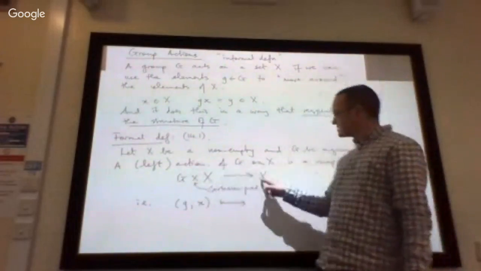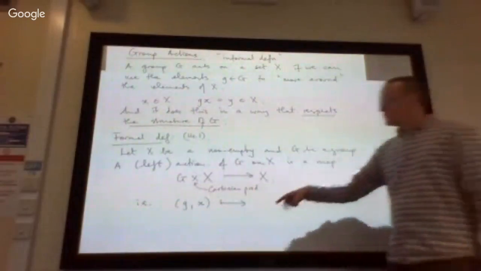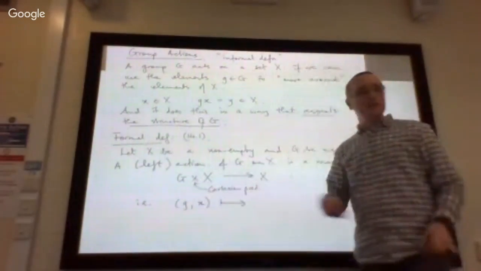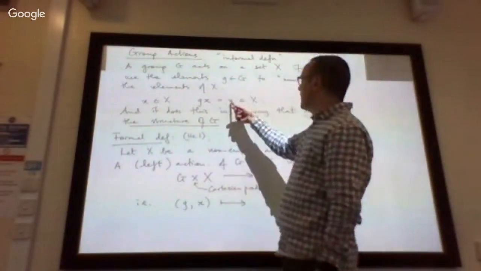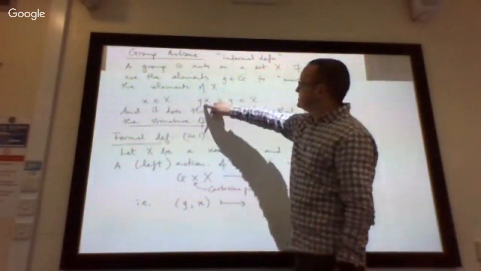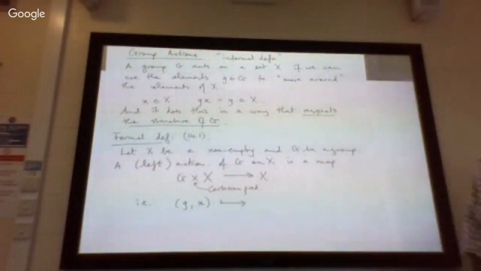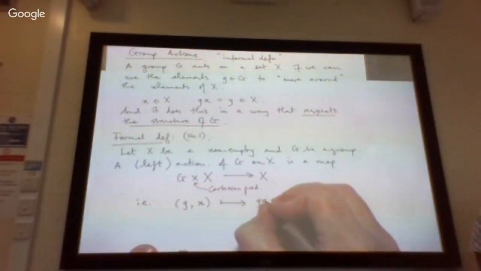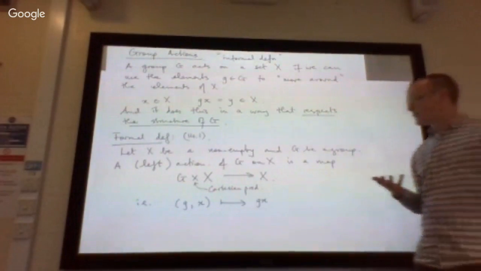And this is going into X. So this must send the pair G and X to some other element of X. I was maybe trying to use another symbol Y for that element, but we just conveniently denote this new element of the set X by the two-letter symbol GX. Okay.